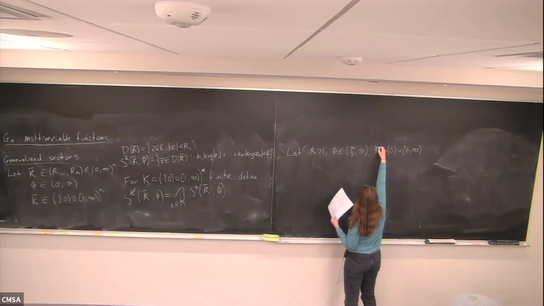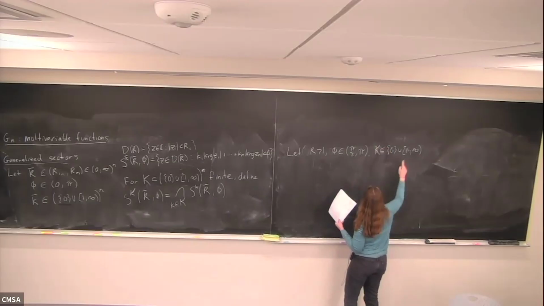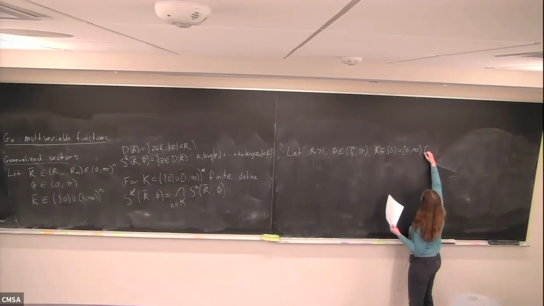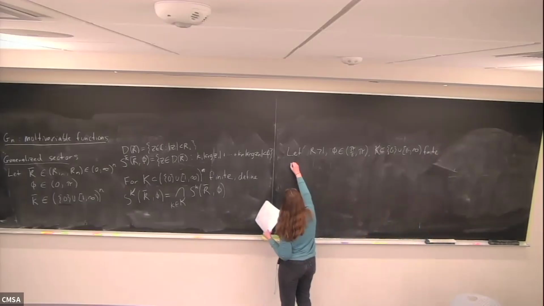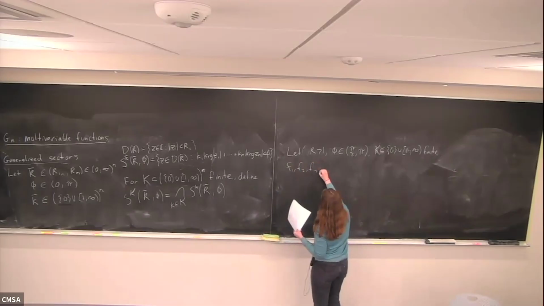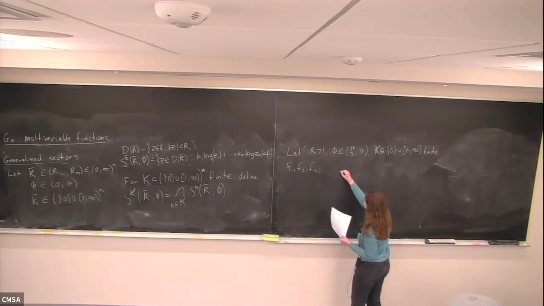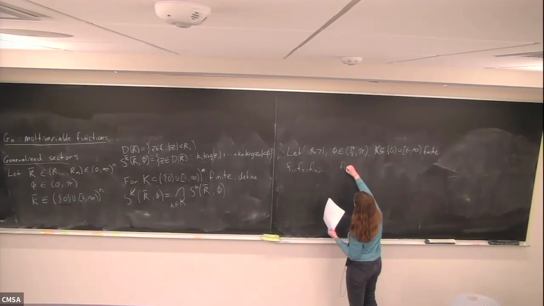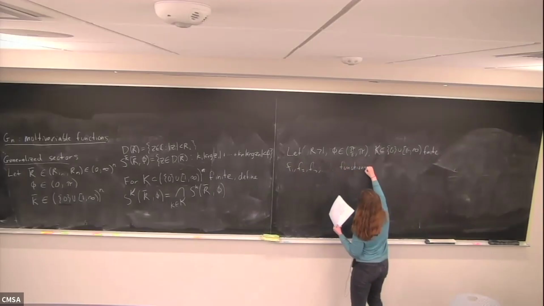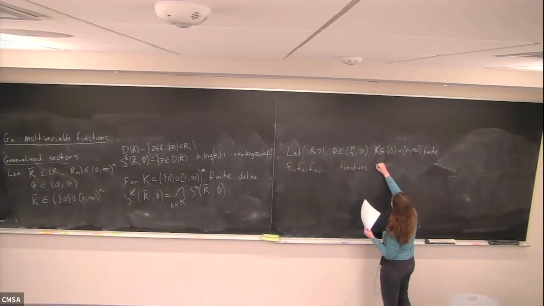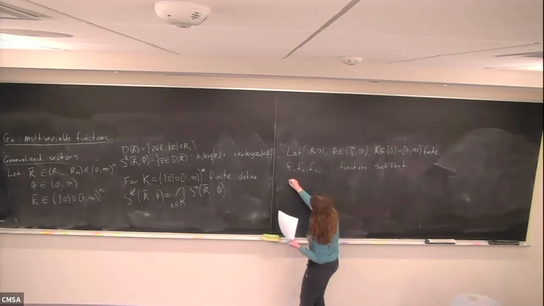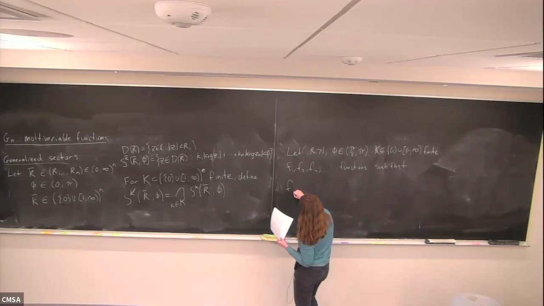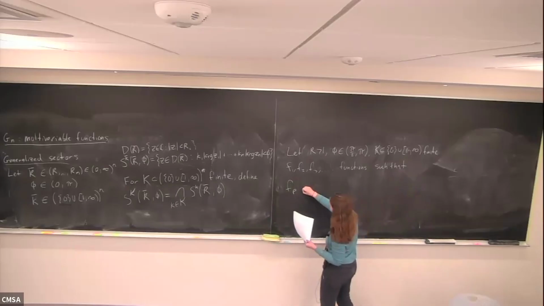So capital K is a subset, here finite. And suppose you have a sequence F1, F2, F3, an infinite sequence of functions. I'm going to index them now by P.